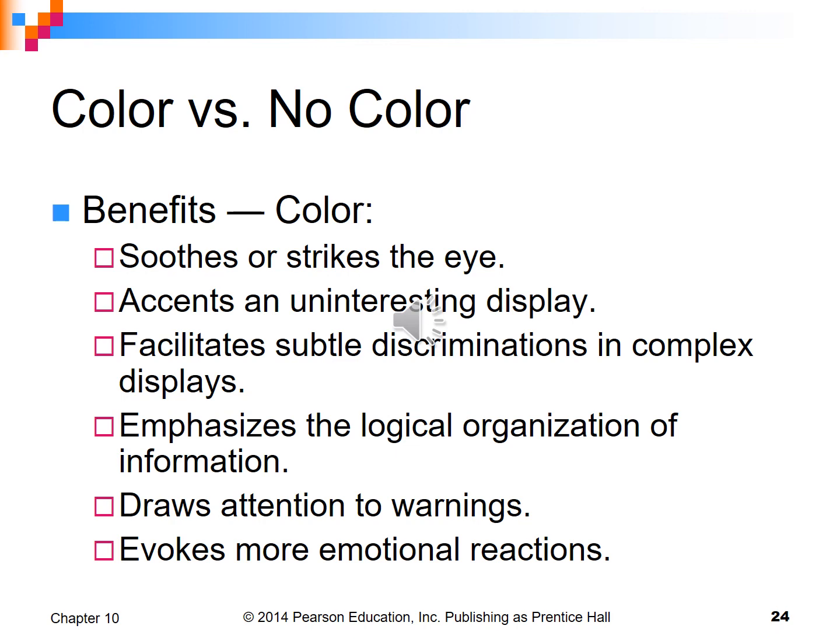Facilitate subtle discrimination in complex display. Emphasizes the logical organization of information. Draws attention to warnings. Evokes more emotional reaction. But as we said, when we use it, you have to use it if there is contrast. With the white background, probably black is the best way.